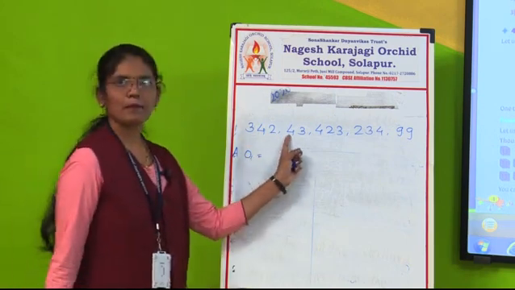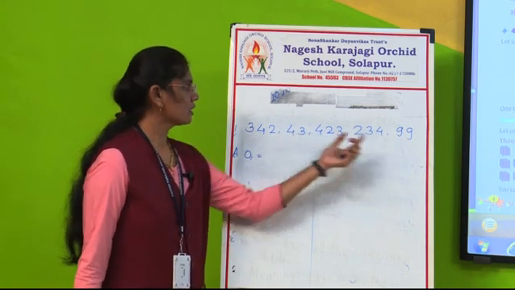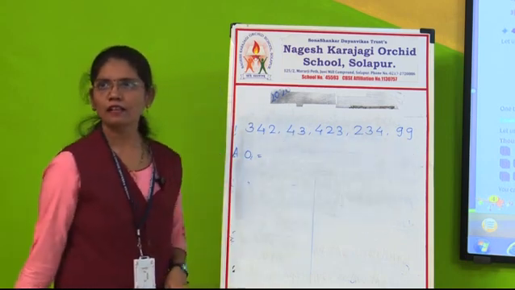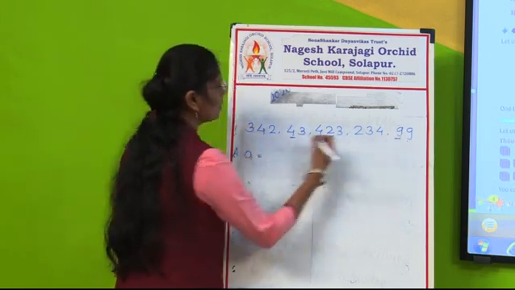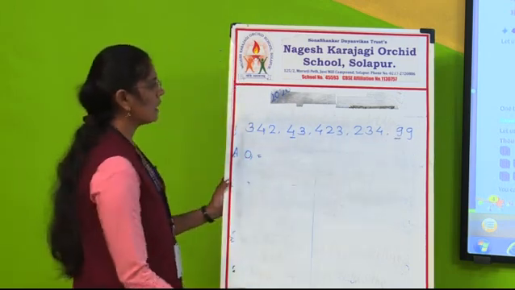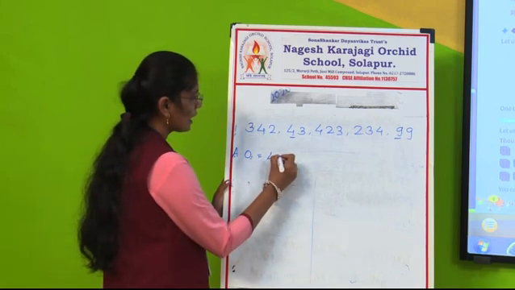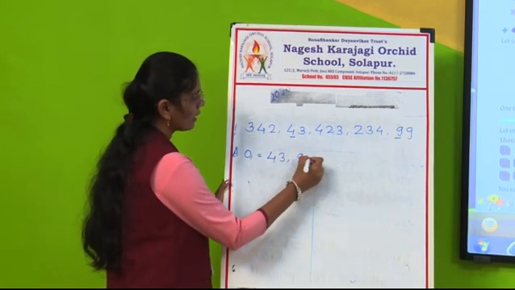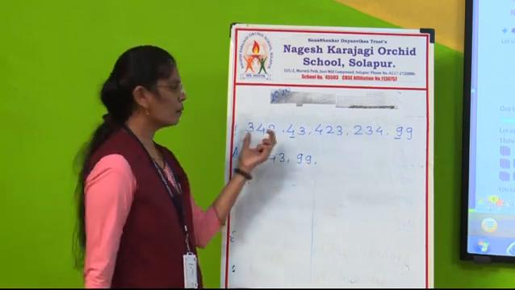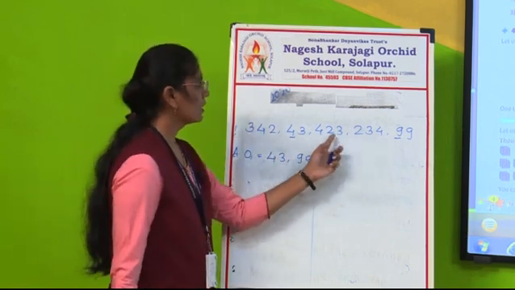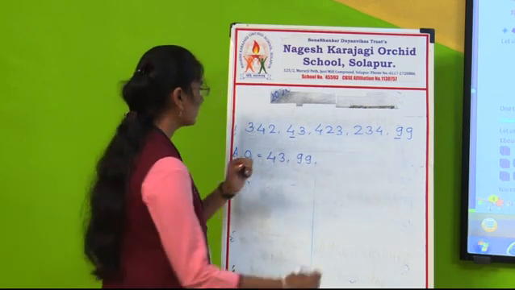So let us compare the 2 digit numbers first, 43 and 99. So see the first digits 4 and 9. 4 is smaller than 9. So first we will write 43, then 99, then compare the remaining 3 digit numbers 342, 423 and 234.